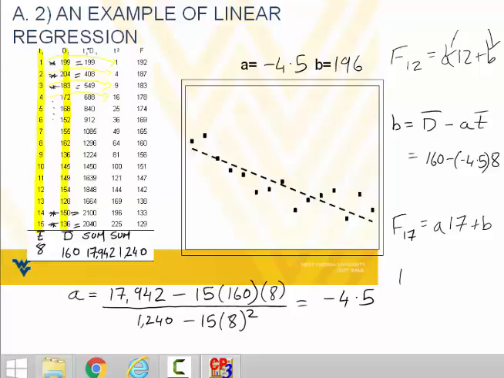Now what if I said, I want to calculate the demand for period 35. I can calculate it, right? But would it be right? Probably not, right? It's too far out.